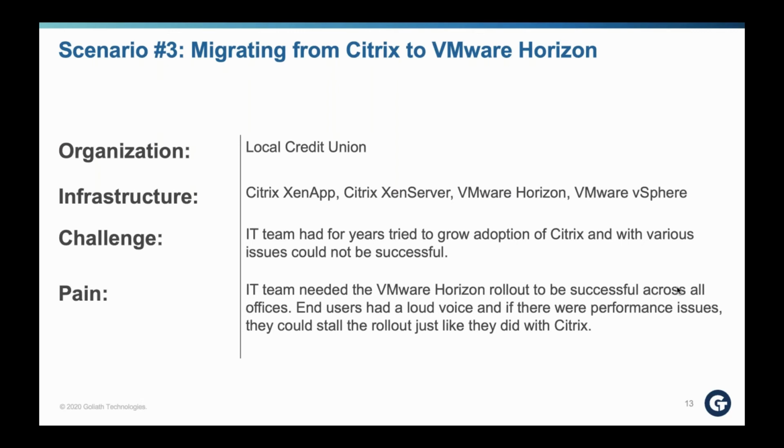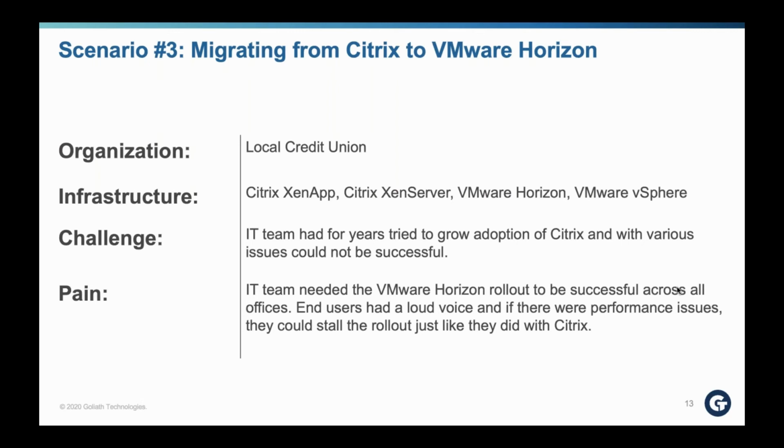So the leadership of this particular credit union decided that the only way to get users to want to engage with the virtualization environment would be to roll out a completely new technology.